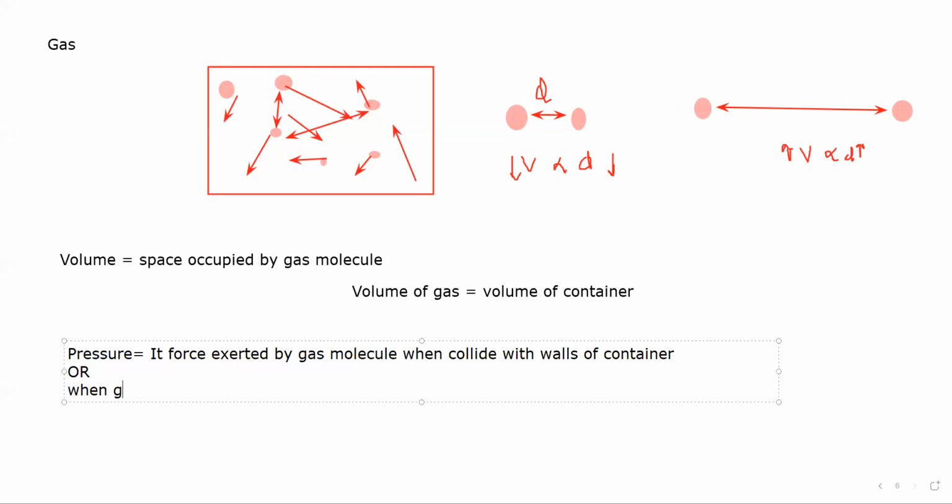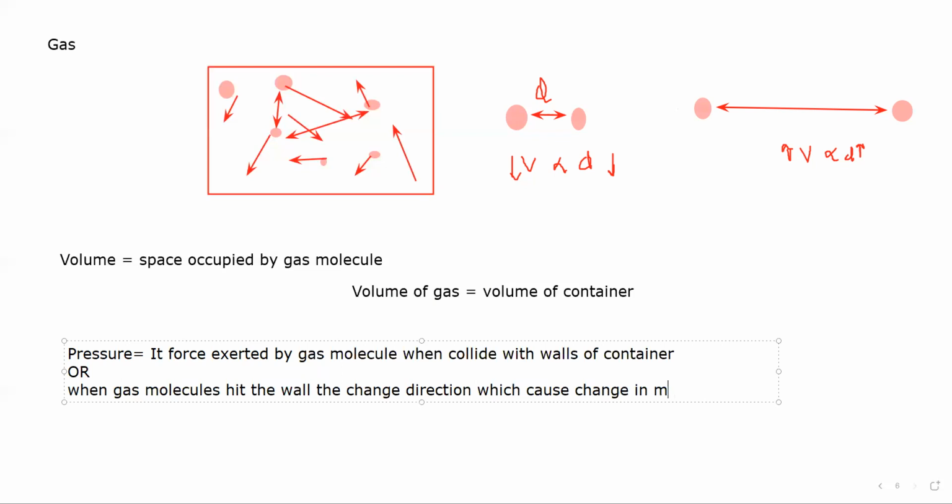When gas molecules hit the wall, they change direction, which causes a change in momentum.